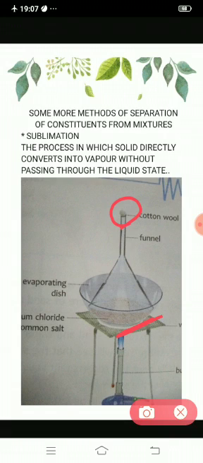Near the opening of the funnel, cotton wool is kept so that the vapor cannot escape out. The ammonium chloride transforms from solid directly to vapor state. As the cotton wool is kept near the mouth of the funnel, the vapors cannot escape, and they cool down and are converted again into solid state.